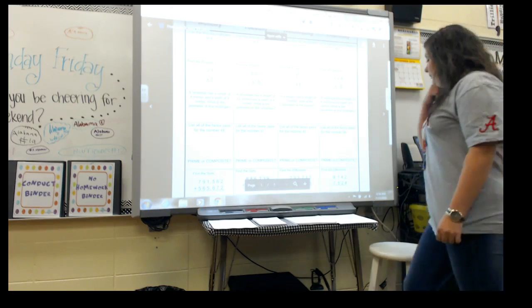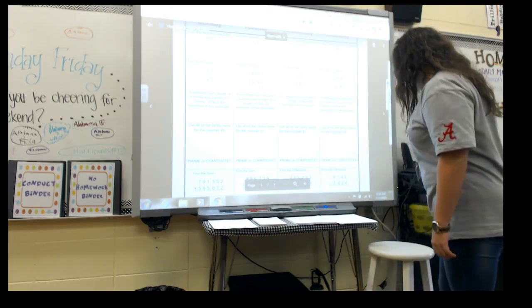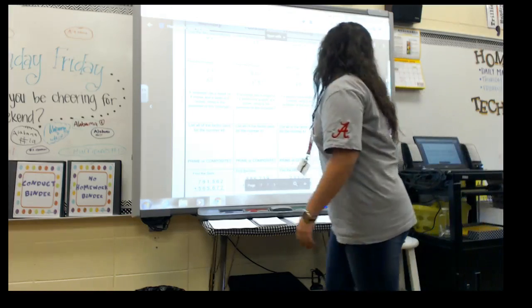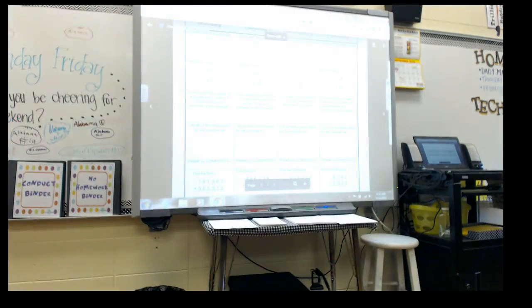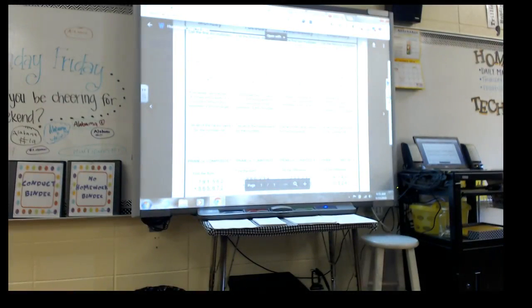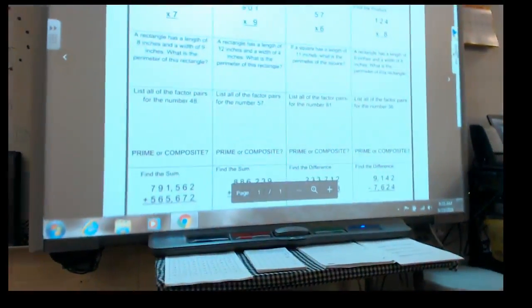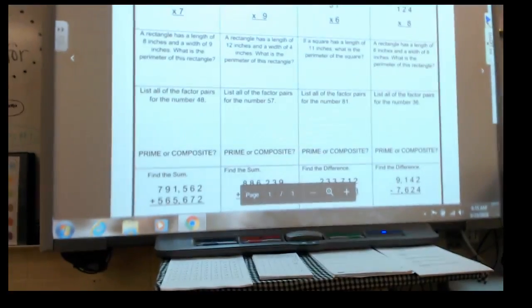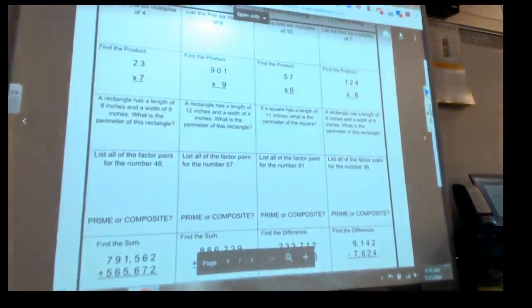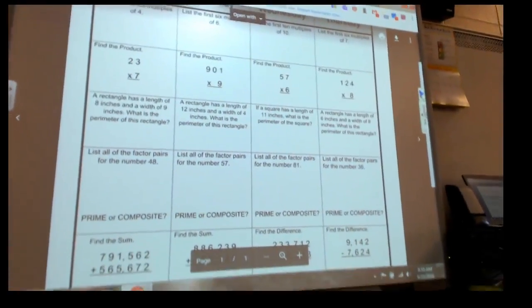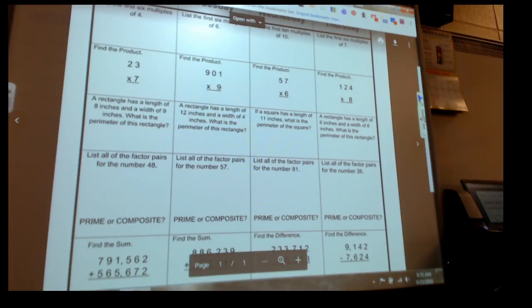All right, to begin with, we've got to list the first 6 multiples of 7. Multiples are many, and factors are few.